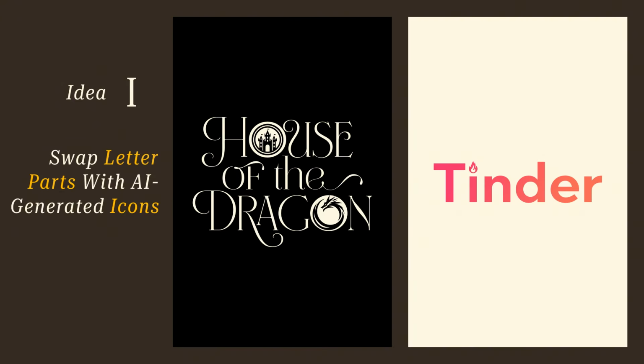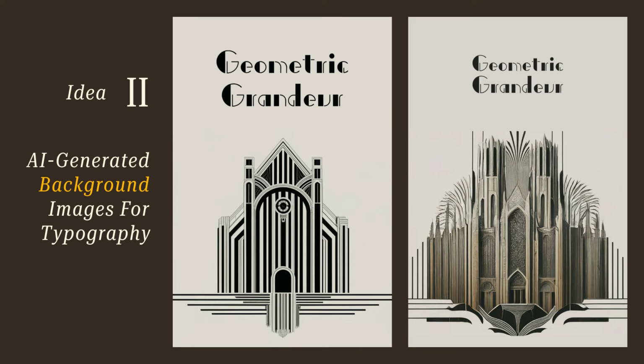So far, we have come up with putting AI-generated graphics or icons in as part of the typography. So typography is the host and the AI-generated image is the guest. And we have a second way, which is the reverse, where we have the AI-generated image as a background and typography sits on top of it or inside of it as the guest.